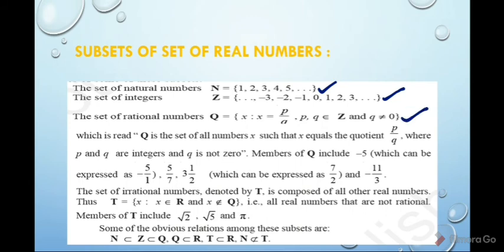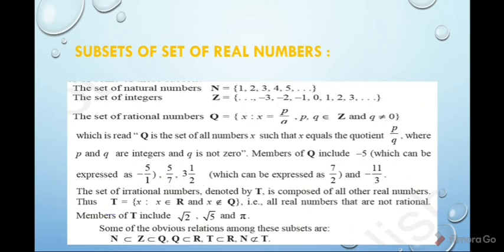Q is the collection of all rational numbers in the form of p by q, which contains 5 by 7, 3 and 1 and half, minus 11 by 3, 2, 3, minus 2, minus 3 and so on. The set of irrational numbers is represented as T, which contains root 2, root 3, root 5, pi, e, these numbers.